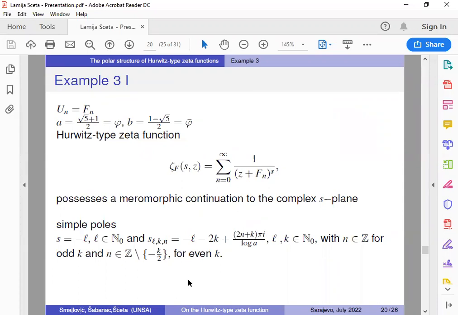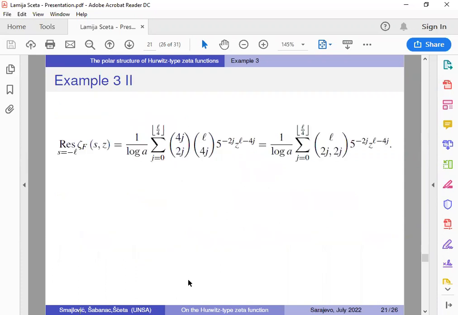What was interesting to see is that you have all those poles at negative integers, like for the usual Hurwitz zeta. And if you scroll back to the next slide, I think this can be given an interpretation. I mean, we computed it. Just let me see what it is. My laptop does not want to open.